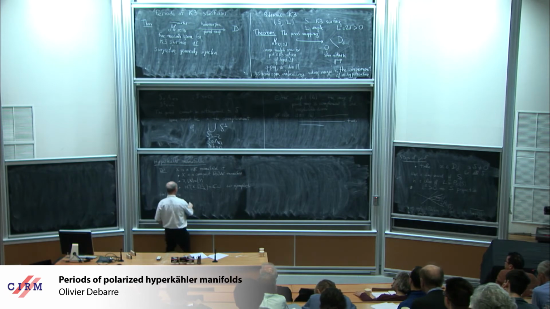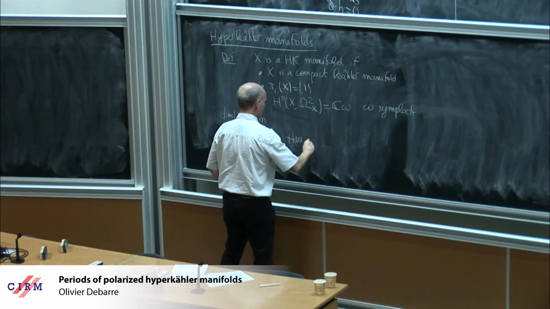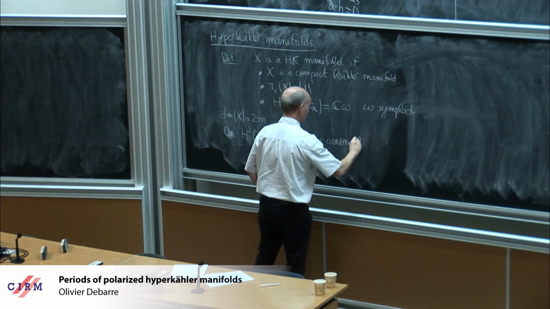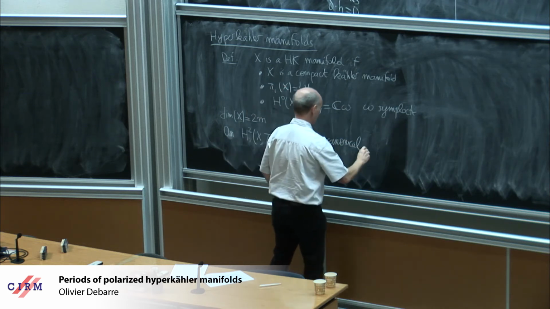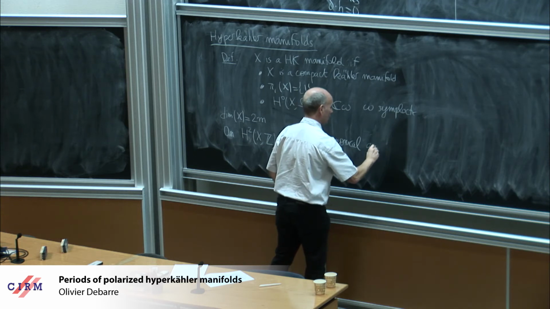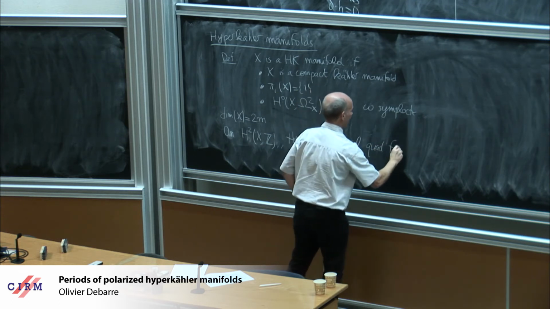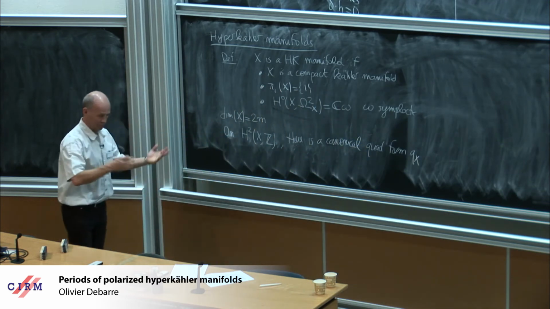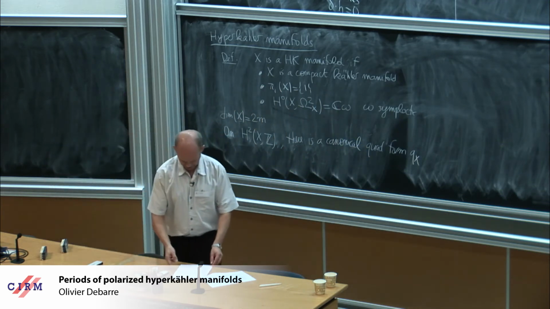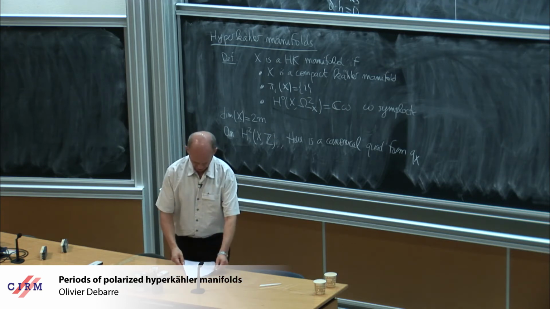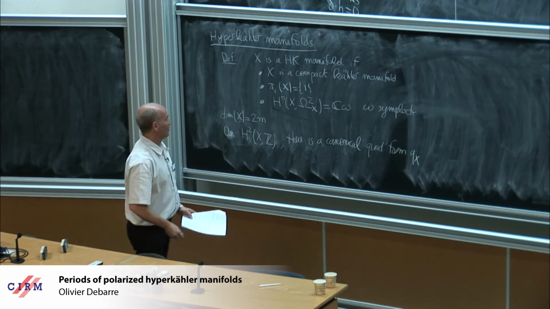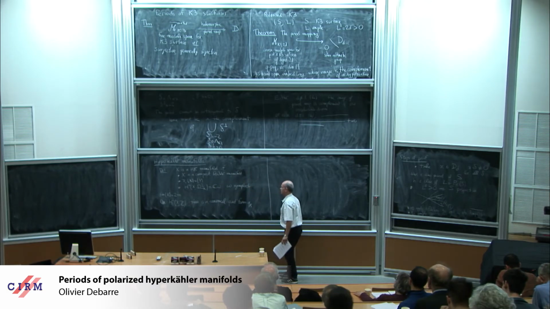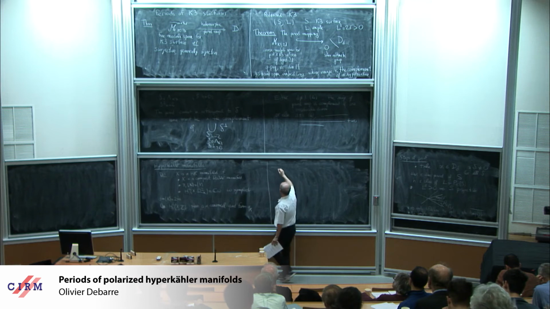There is a canonical quadratic form called the Beauville-Bogomolov form, which is integral and satisfies some properties, which maybe I don't need to go into now. And so first of all, let me give you 2 examples which will be useful for us.